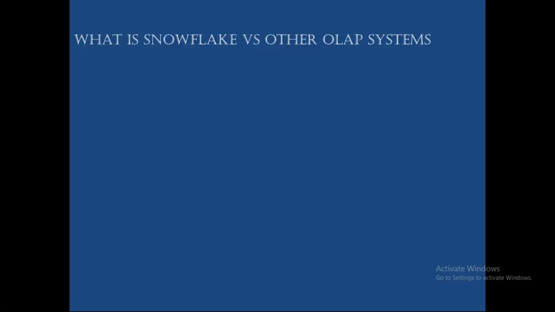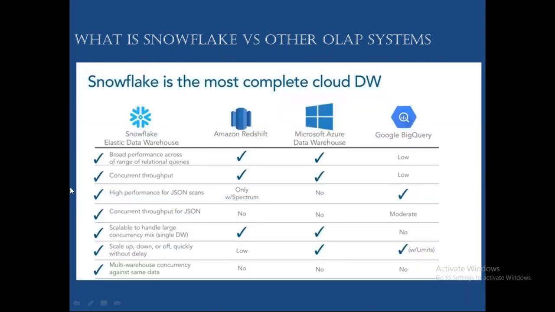So what is Snowflake versus other OLAP systems? Let's say I have this Snowflake, and in AWS the data warehouse is called Redshift, in Google it's BigQuery, right? All these are data warehouse OLAP systems. In AWS we have Amazon Redshift. In Azure we have Azure's data warehouse.